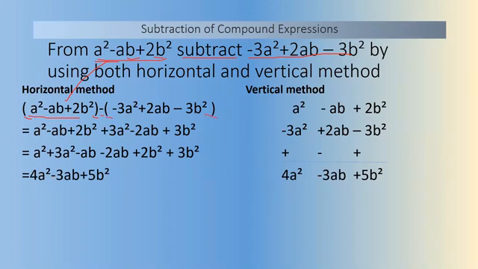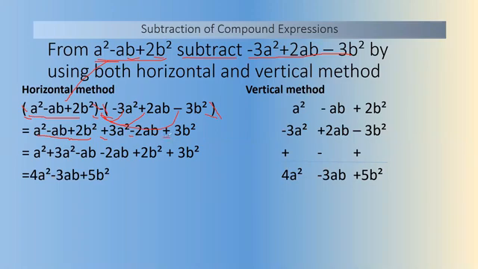Clear, students? Now in the next step, remove these small brackets. You have removed the brackets and written the first expression. Now for the second expression, we remove the brackets and multiply with the minus sign: minus minus plus, then minus plus minus, then minus minus plus.